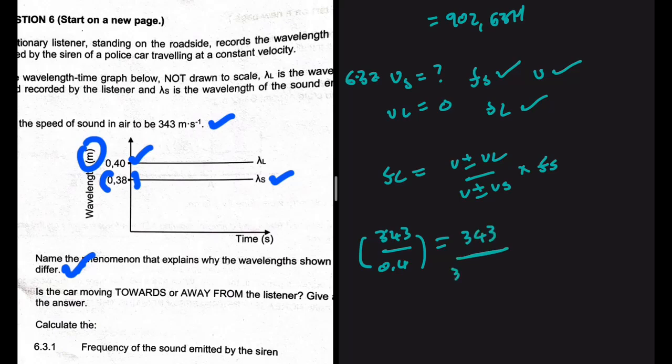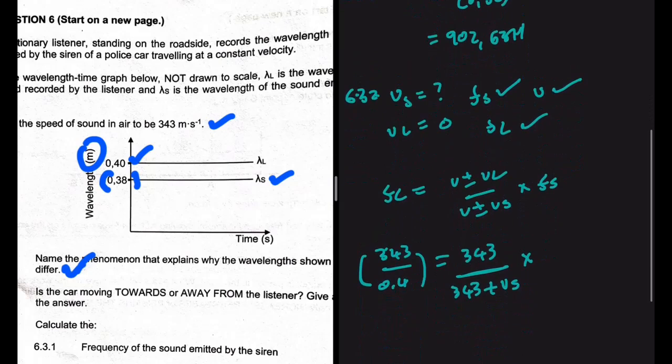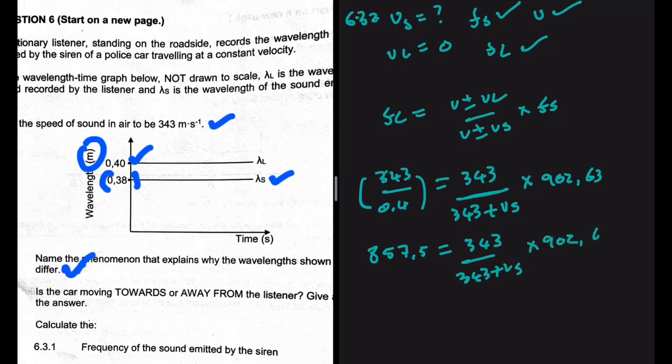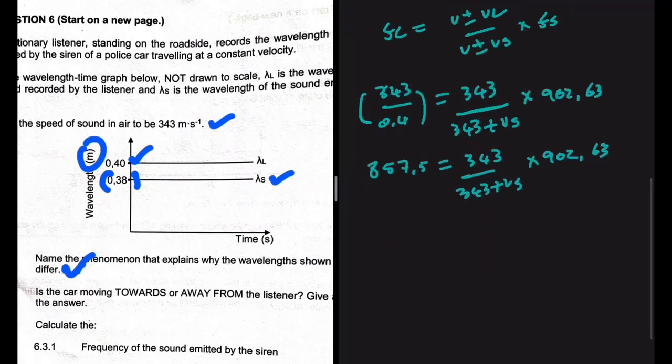And then we have 343. The sound source is moving away, so we're going to have plus Vs, multiplied by the frequency emitted by the sound source, which is 902.63. So 343 divided by 0.4 is 857.5, and it is equal to 343 divided by 343 plus Vs, multiplied by 902.63.